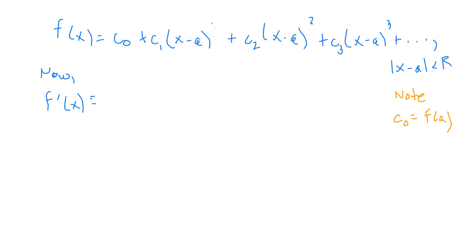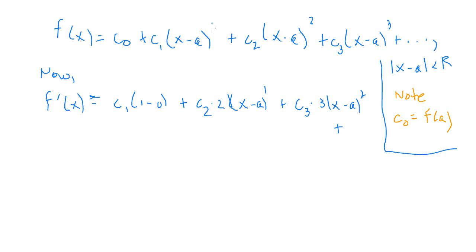And if I do so, what I'm going to get is c1 times 1, plus c2 times 2 times x minus a to the first power, plus c3 times 3 times x minus a squared, and so forth.